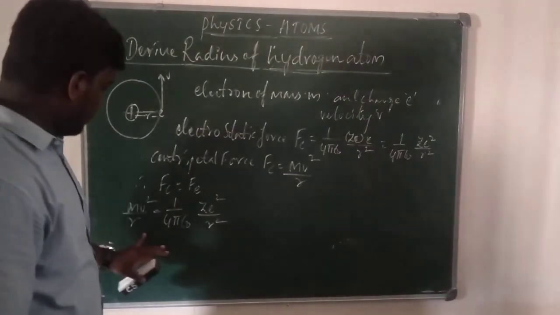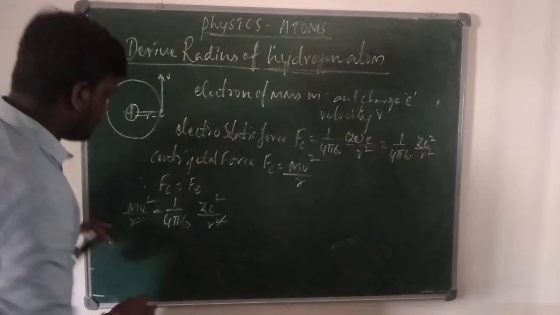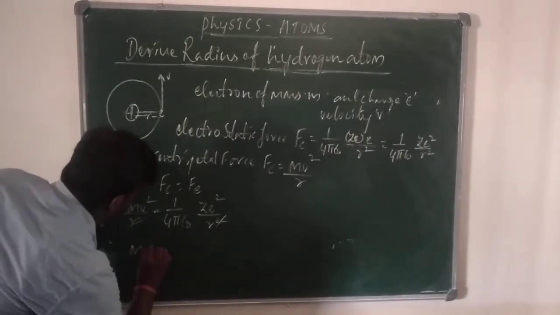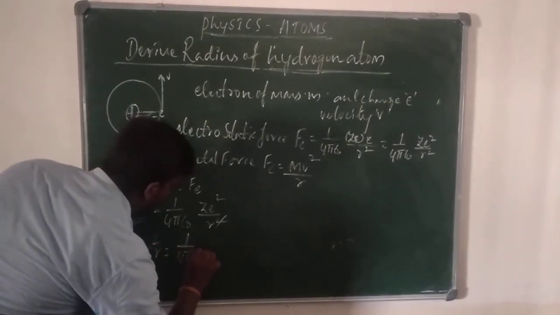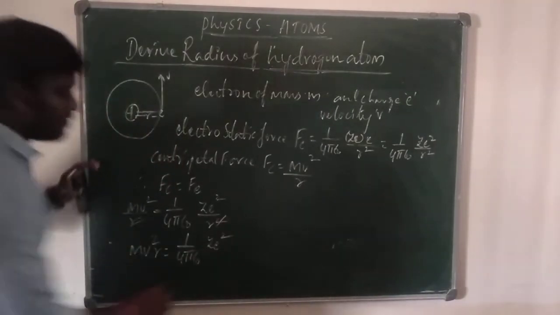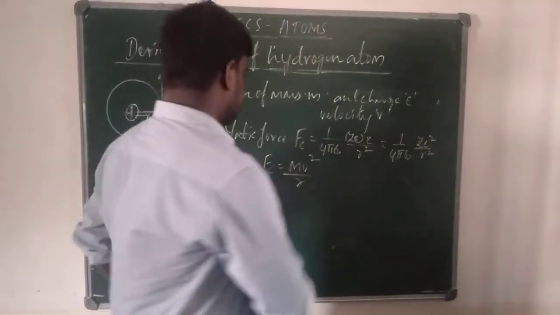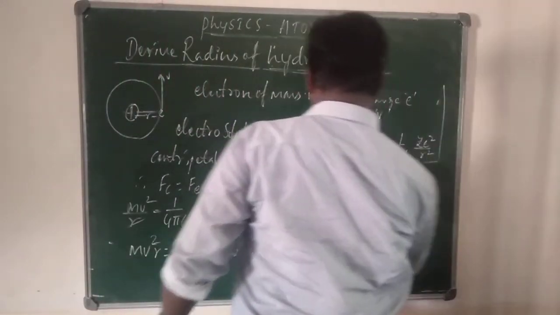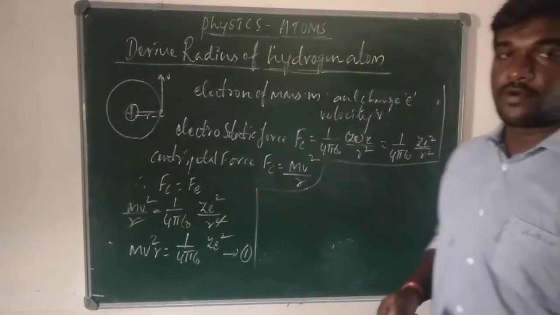Here the r square and r get cancelled. So mv square r is equal to 1 by 4 pi epsilon naught Ze square. We call this equation 1.